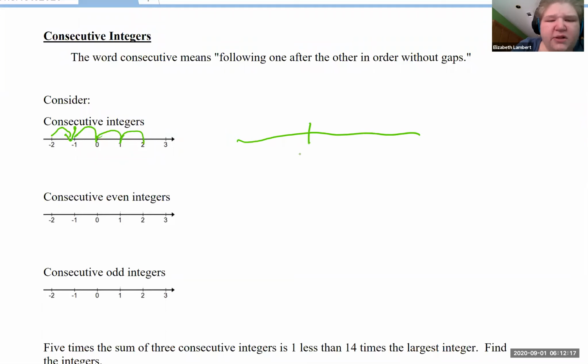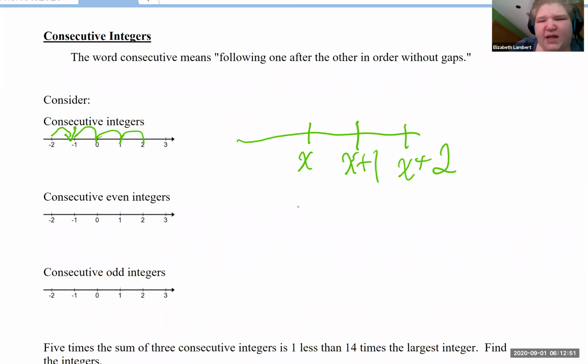Or more particularly, since I don't know the integers in the problems we solve, if I call this one x, what do I then have to call the next one? For any one of these integers, when I move one to the right, I add 1. So I can call this, in the vague sense, x plus 1. And if we needed another, it's x plus 1 plus 1, which is x plus 2.